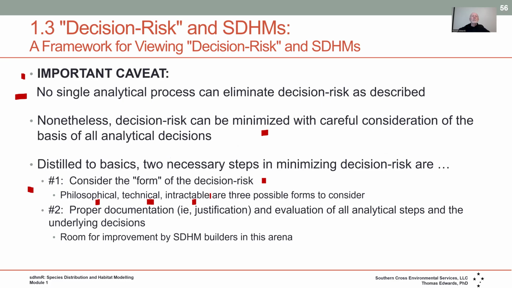This last one meaning there is nothing you can do to minimize the decision risk, period. The second part you can do here is to properly document, that is, justify, all the analytical steps you have made and the underlying decision.